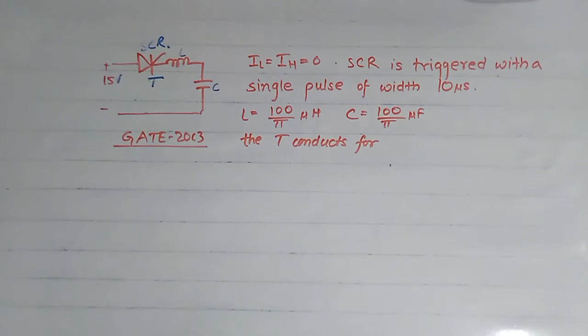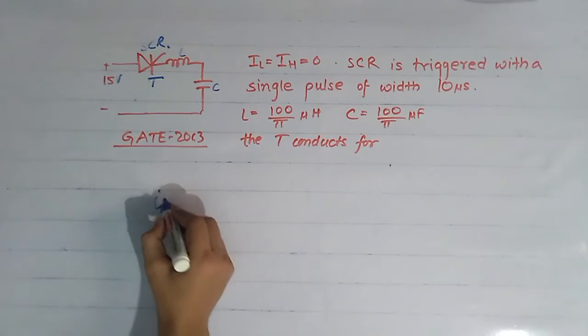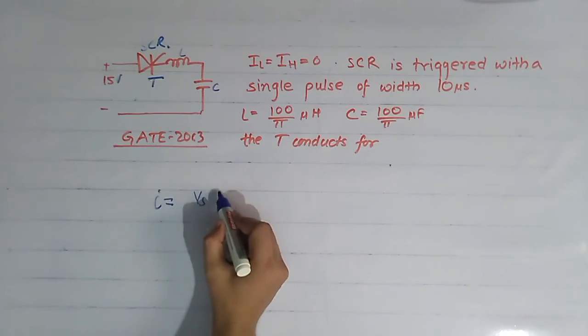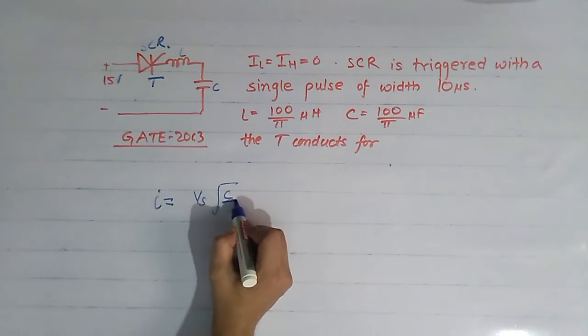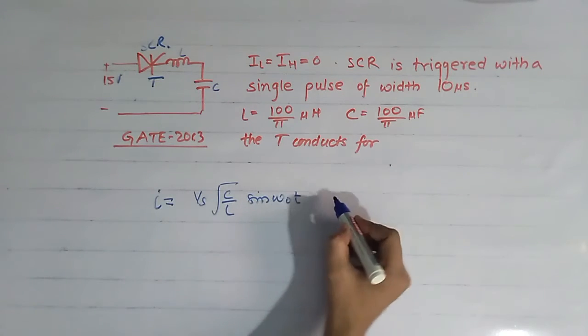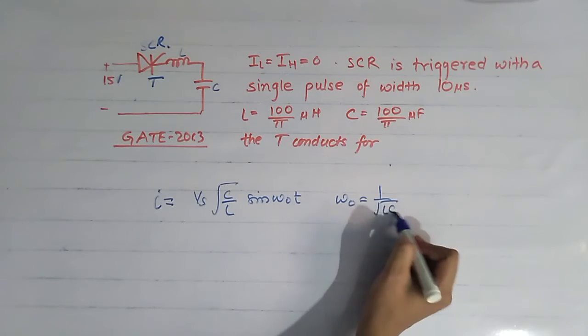So if you go through my lecture on the diode LC circuit, then you will get the equation of current: I is equal to Vs root C by L sine omega naught t, where omega naught is equal to 1 by root LC.